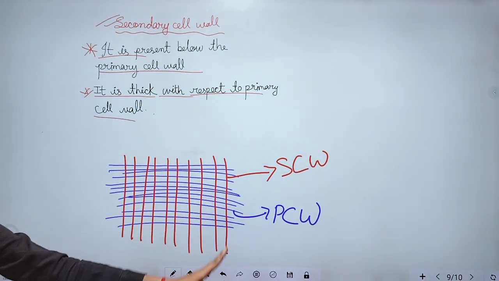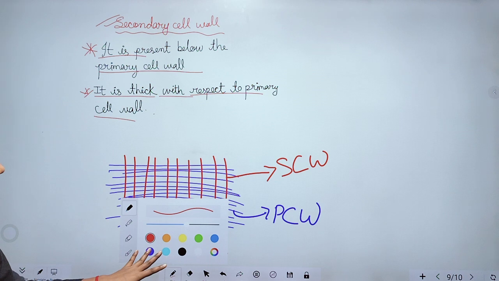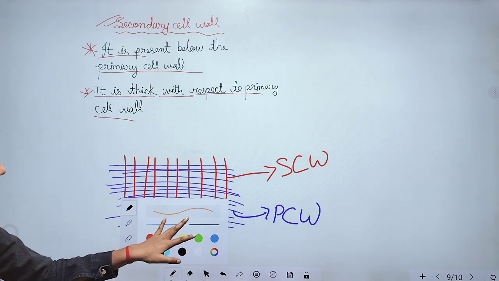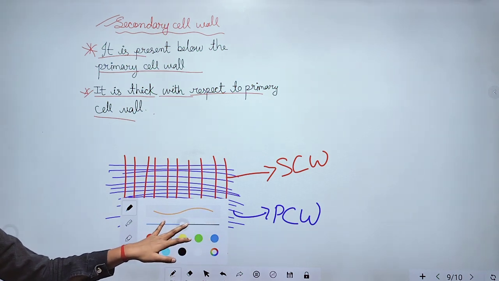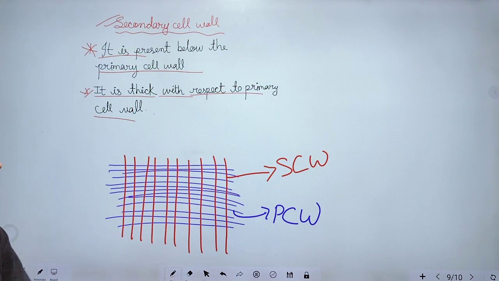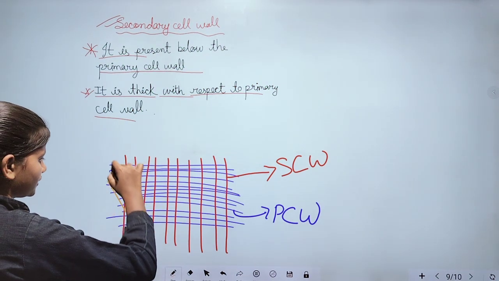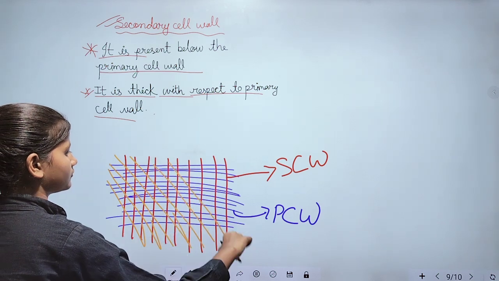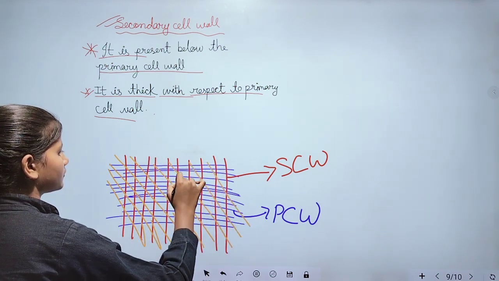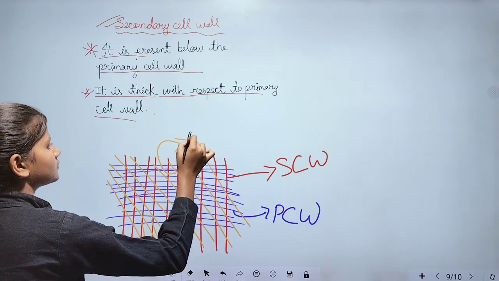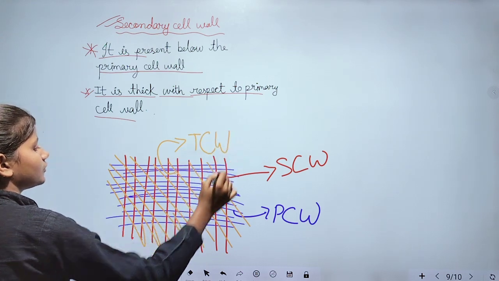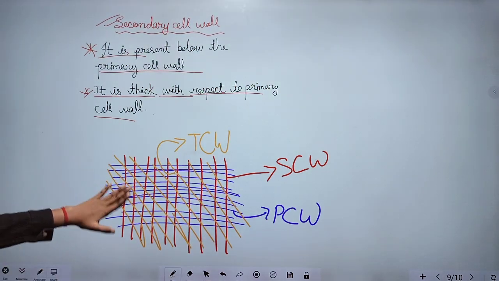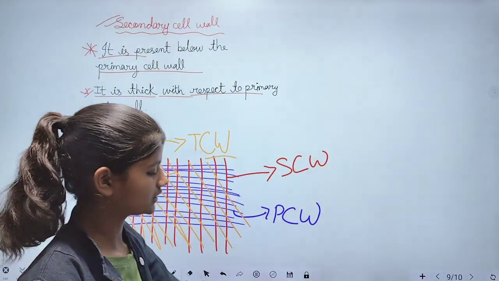Okay, secondary cell wall and primary cell wall. And the third one is tertiary cell wall. It is present like this. This one is tertiary cell wall. Okay. In the next video we will discuss what is tertiary cell wall.